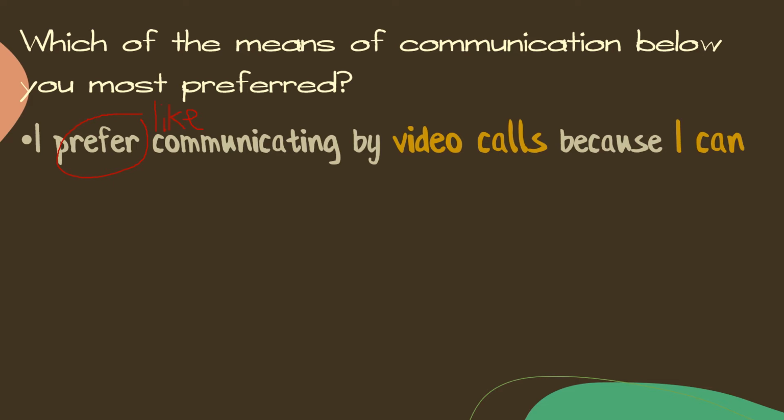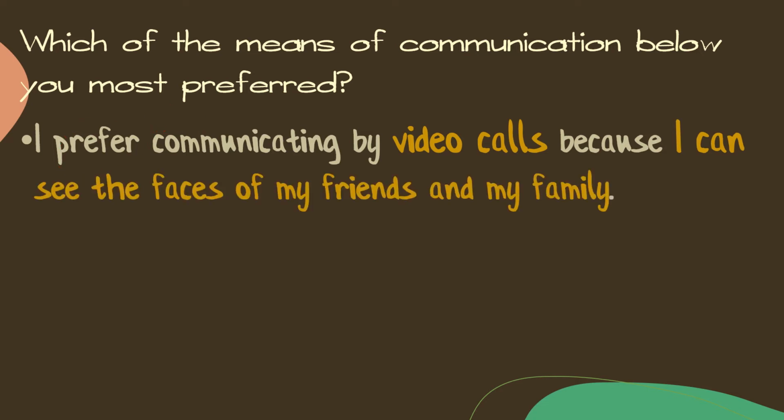Okay, so I prefer or I like communicating by video calls because I can see the faces of my friends and my family. Okay, saya suka berhubung dengan menggunakan video call kerana saya boleh melihat muka atau wajah kawan-kawan dan juga ahli keluarga saya. So this is if you write for prefer.